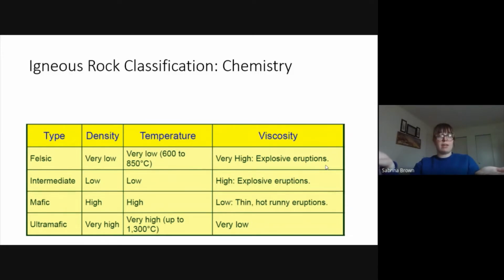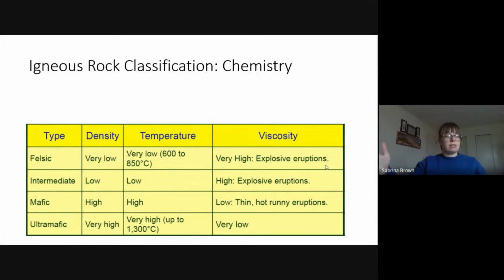The gas can't escape, and so we get very explosive eruptions. On the other end of the spectrum, if we have a mafic chemistry, so a molten rock made up of what we call mafic minerals, that typically has a lower viscosity, so we have a more runny magma, and then we're less likely to have explosive eruptions.